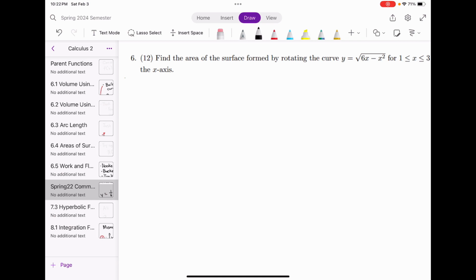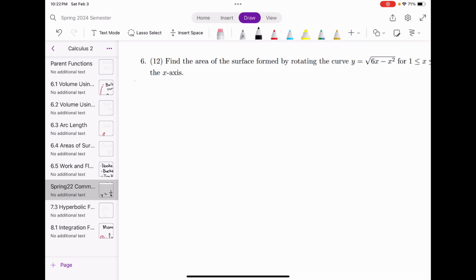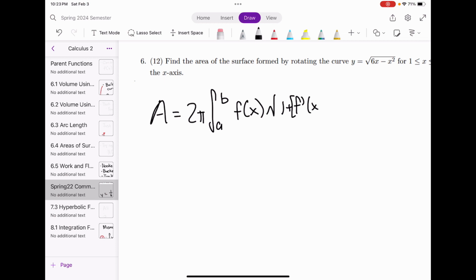So the area formula is something we can start out with. Area is equal to 2 pi, the integral from a to b of f of x, the square root of 1 plus f prime of x squared dx.